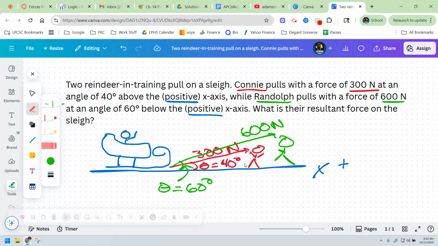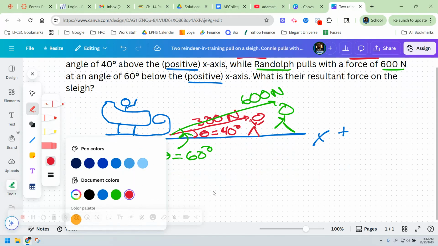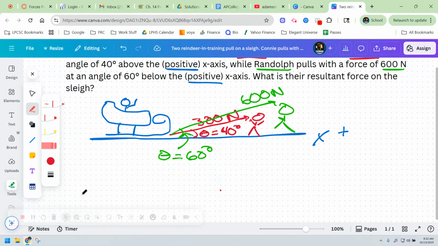And so when we look at this, what we're really trying to figure out is their x components. So for Connie, she's kind of doing this thing, but what we really want is her x component. So this is 300 newtons, and the angle is 40 degrees.